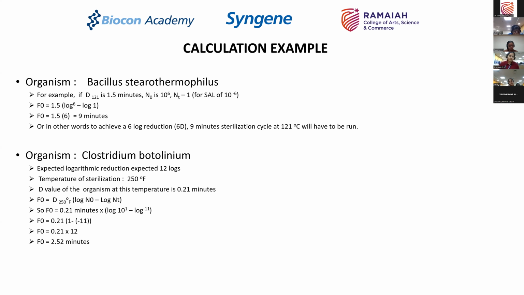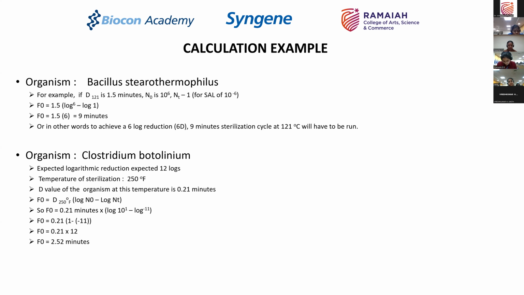So you might have 10 to the power of 12, 10 to the power of 6, 10 to the power of 9. You get different types of strips. You take these strips and put them inside the autoclave along with the load. Why do you keep it along with the load? Because the load determines the pattern in which your steam will flow and reach every corner and do the kill.